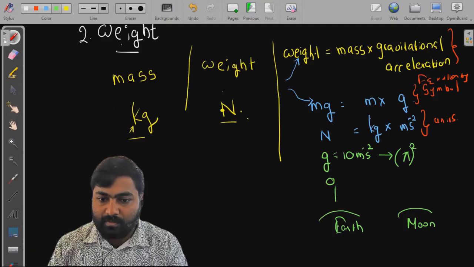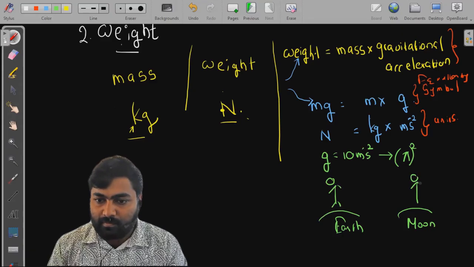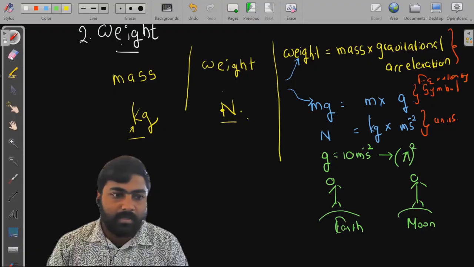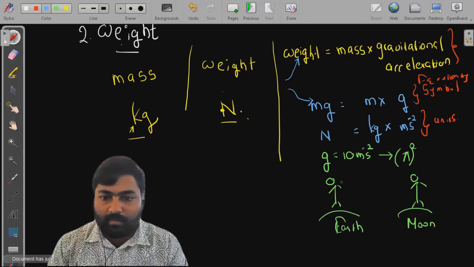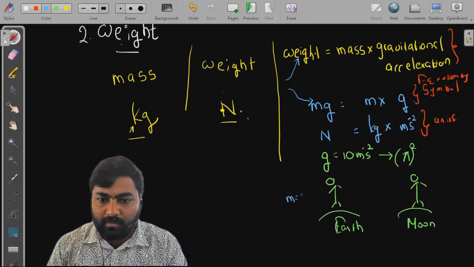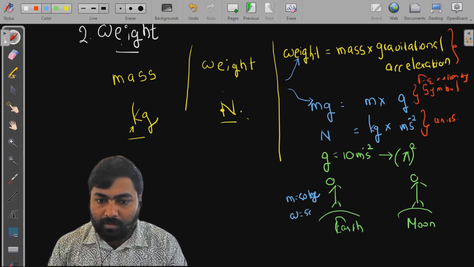You know, just a figure like this. And I will write mass is equal to 50 kilogram. Then weight should be equal to 500 Newton.